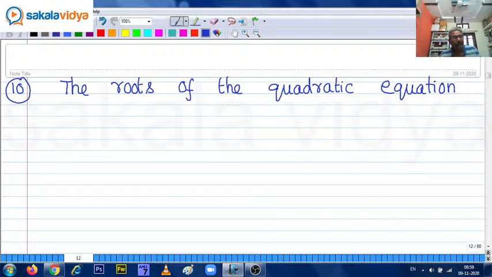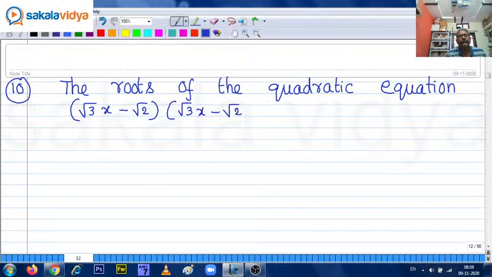Welcome, welcome, Shivani. The equation: root 3 times x minus root 2 times root 3x minus root 2 equal to 0 are.